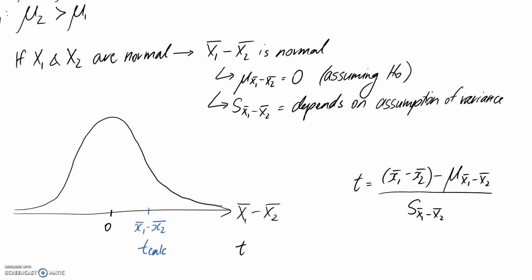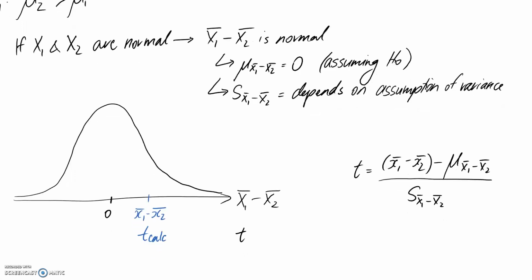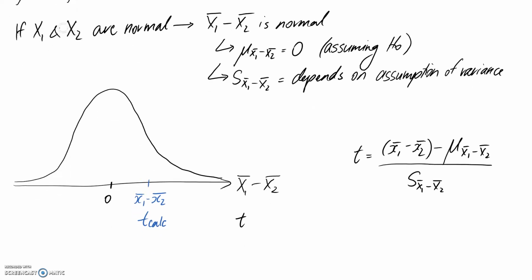Alright, if I scroll down here, we can start looking at what diagrams we can draw. If X1 and X2 are normal, so in my example X1 and X2 are the heights of people in population 1 and population 2, so they're random variables, then the difference in the means of those sample data is going to be normal as well. A normal distribution can be described with both a mean and a standard deviation.